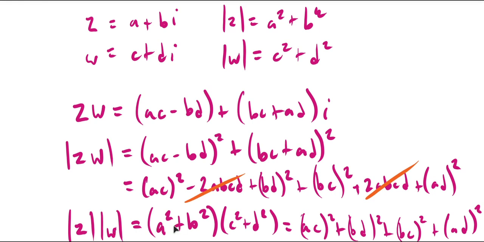The length of z is a squared plus b squared. The length of w is c squared plus d squared. And if you expand that as well, just by foiling, you get (ac) squared plus (bd) squared plus (bc) squared plus (ad) squared, which is exactly the same thing as the line above. So you can show this just by using the component definition of z and w.